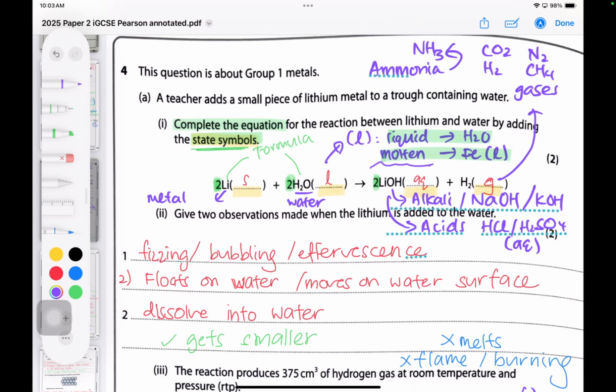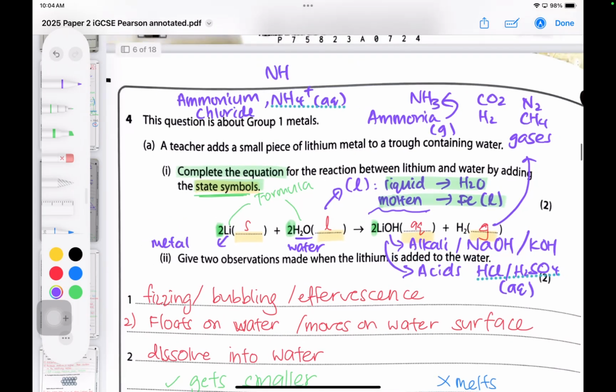Ammonia here is our gas. Ammonium, on the other hand, is our ion. If it's an ion, it usually would be in an aqueous state. That means this substance is dissolved in water. For example, if you have ammonium chloride, then we will write down NH4Cl with an aq sign.